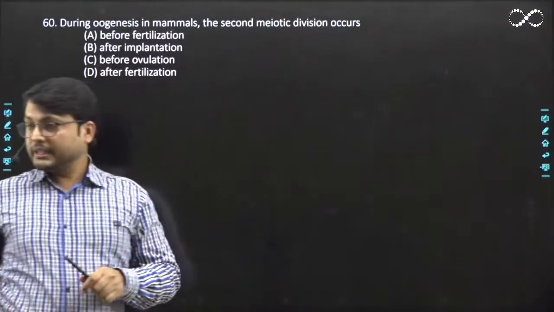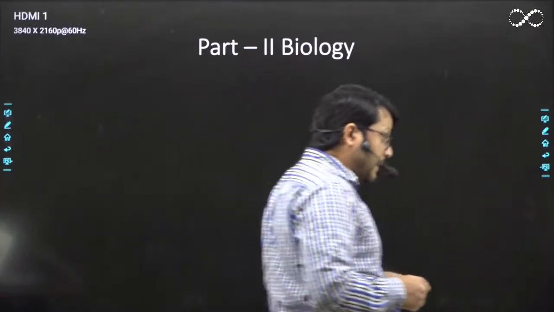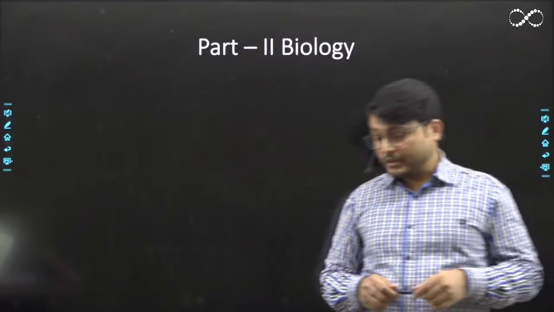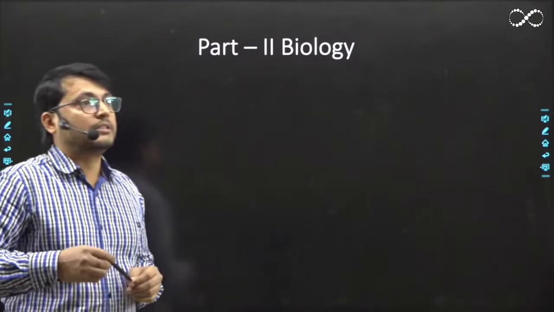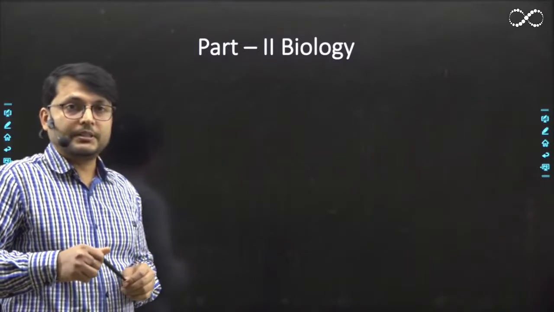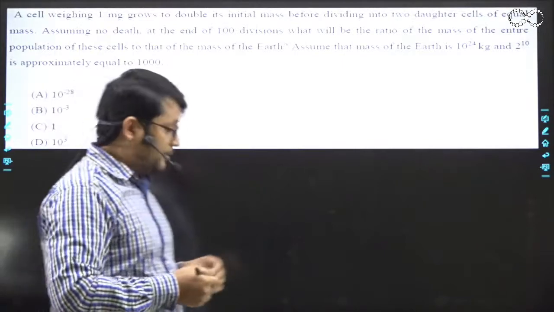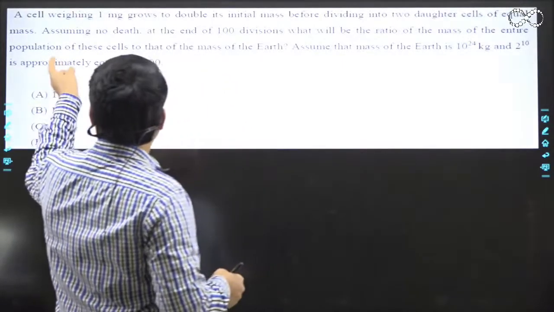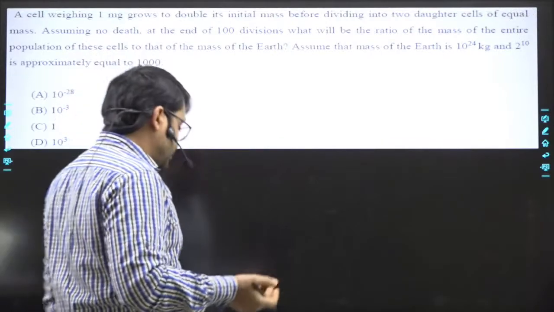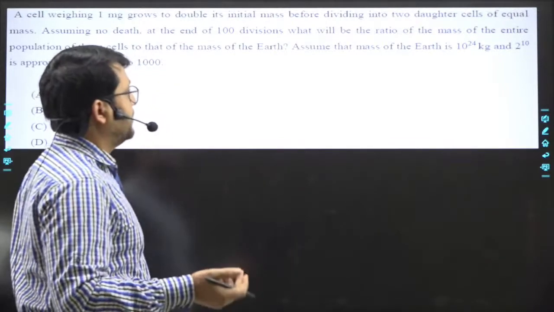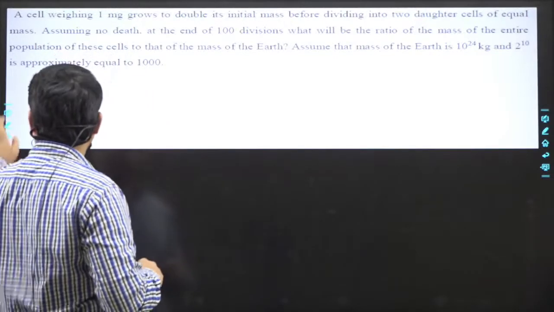Let's move on to the next question. Now, the next question is going to be from part 2, biology. As you know, these questions are of 2 marks each, and there will be 5 questions. The first question here is: a cell weighing 1 milligram grows to double its initial mass before dividing into 2 daughter cells of equal mass.